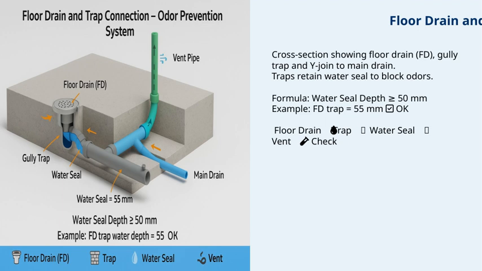Always check that the water seal is sufficient, as indicated by the icons here: hole for the floor drain, bricks for the trap, droplet for the water seal, and dashing away representing the vent. Understanding how these components work together helps ensure your drainage system functions properly and prevents any potential issues down the line.